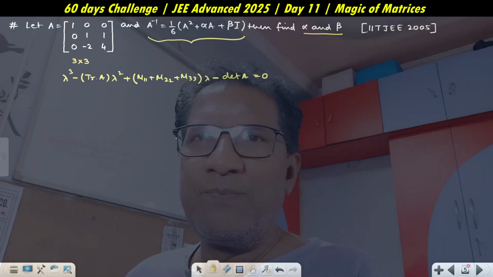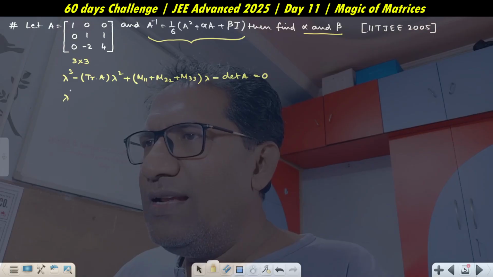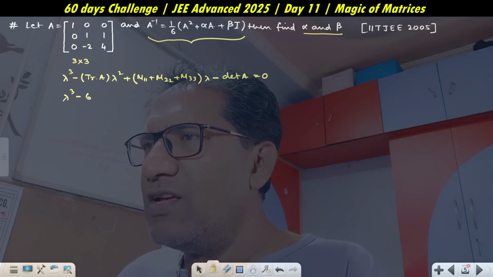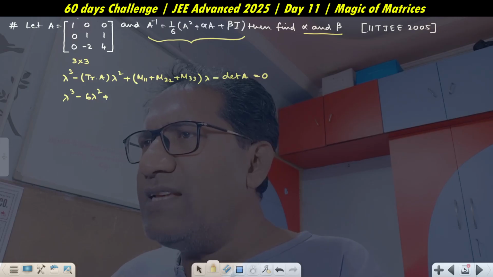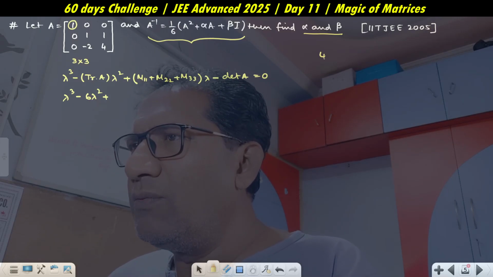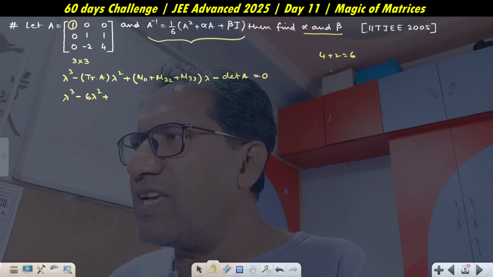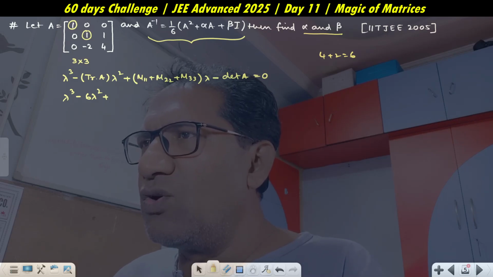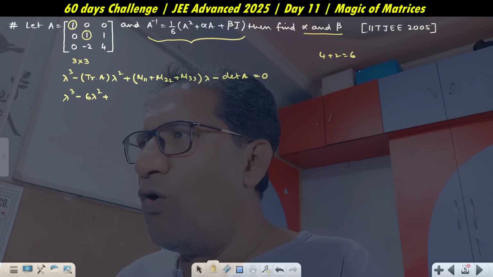That's it. So, lambda cube minus, what is trace of A? It is 4, 5 and 1, that is 6. So, it is 6 lambda square plus. Now, what is the minor of this element? It is 4 plus 2, that gives us 6. What is the minor of this element? You cancel this row and this column. So we actually have 4.